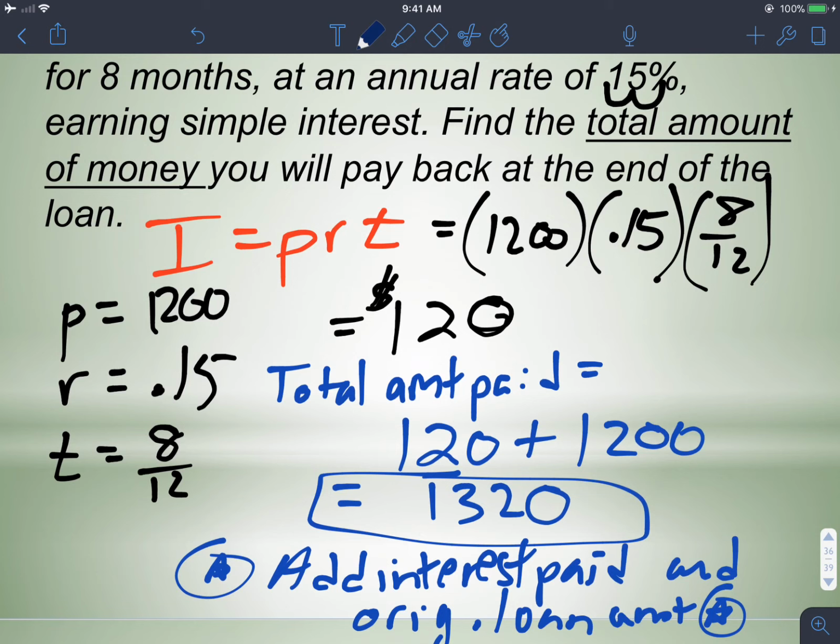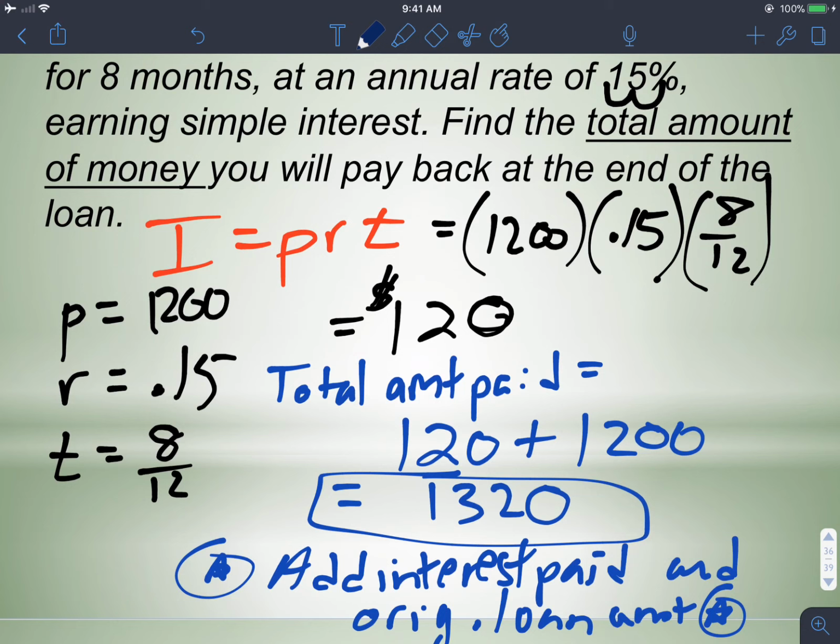Does that not make sense? That makes sense. I mean, it got me the right number, but I don't know if that's easier to do than that, or if I'm just going to confuse myself. You did it the same way too, you did 1,200 times 0.15 times 12 divided by 8.